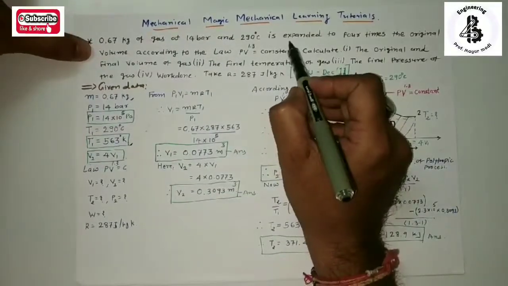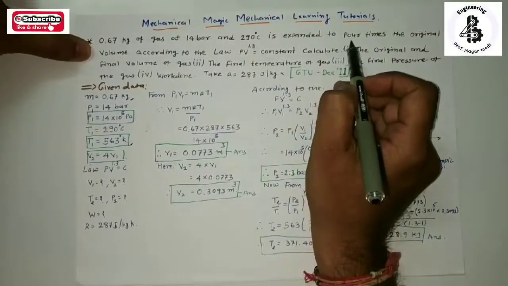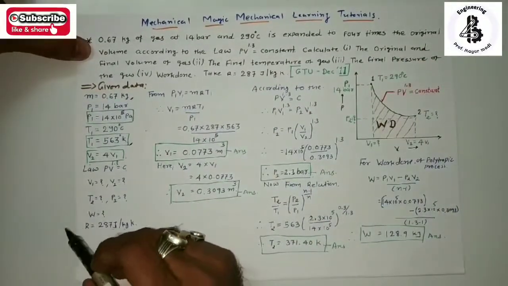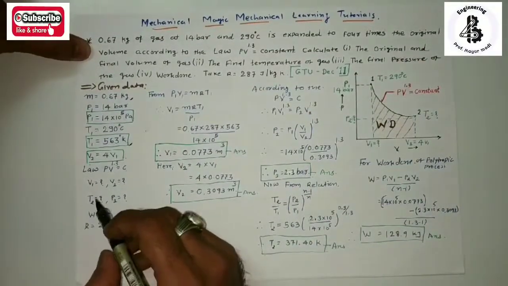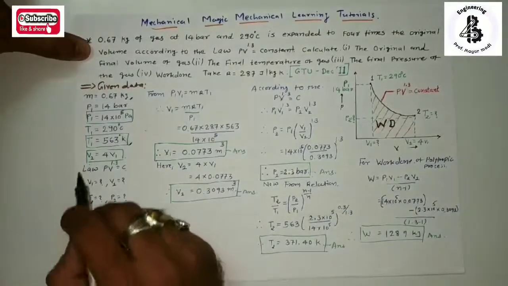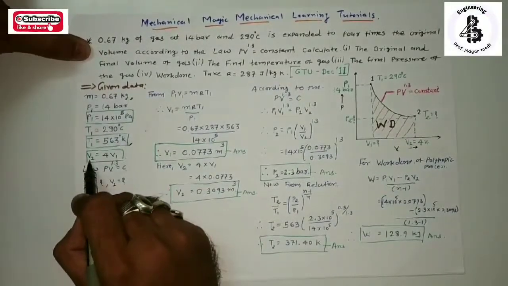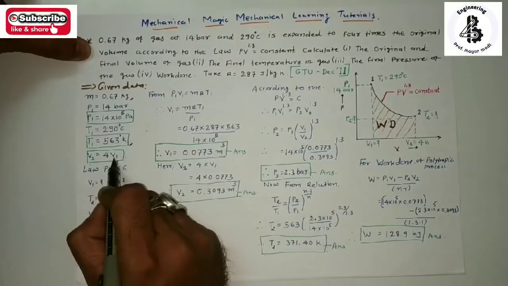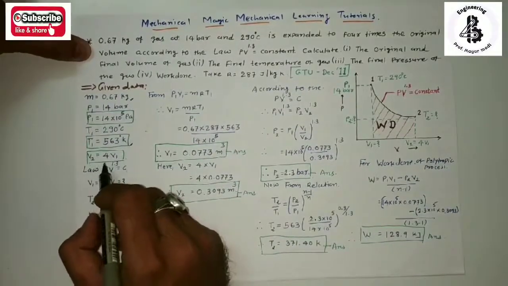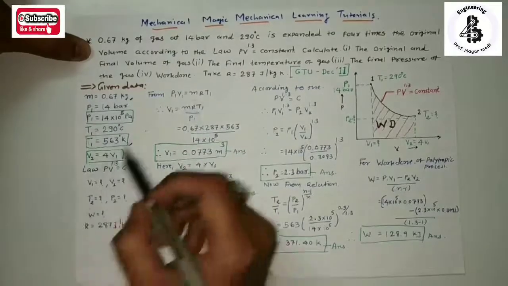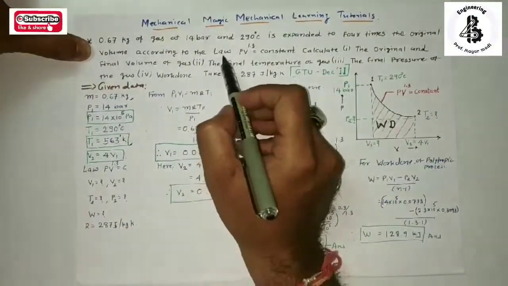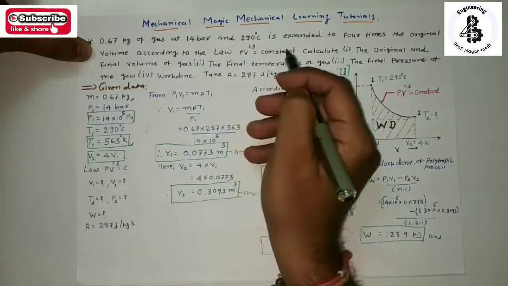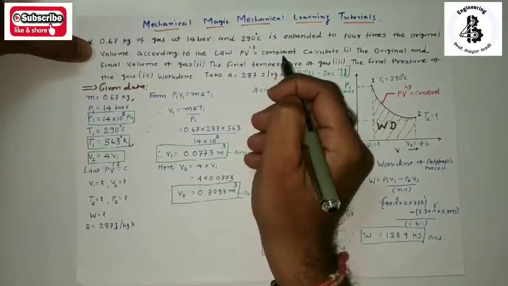Now it is expanded to 4 times the original volume. So here V2 is given in the form of V1: V2 = 4 times V1, so V2 = 4V1. And according to the law, PV^1.3 = constant, so that should be your polytropic process.